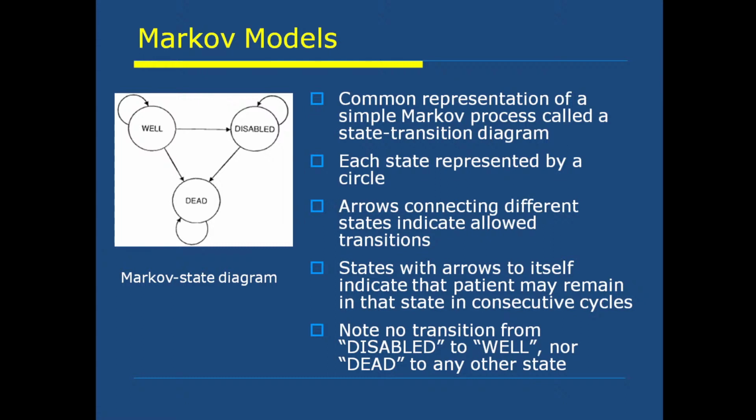The patient can remain in the well state for some cycles, and the same for the disabled state. Note that transitions from disabled to well, or from dead to any other state, are impossible.